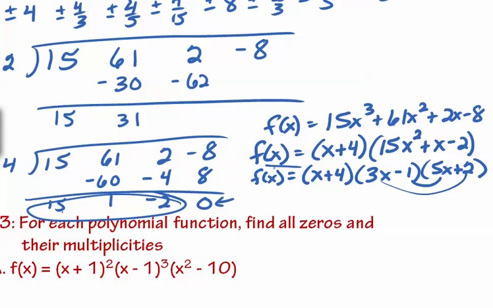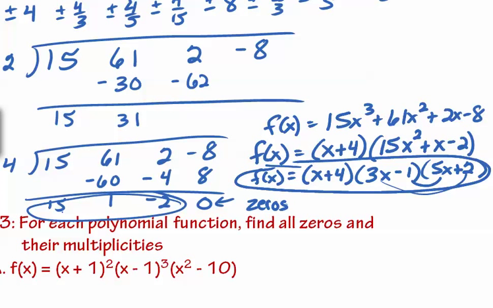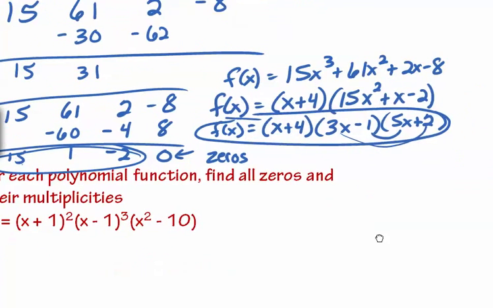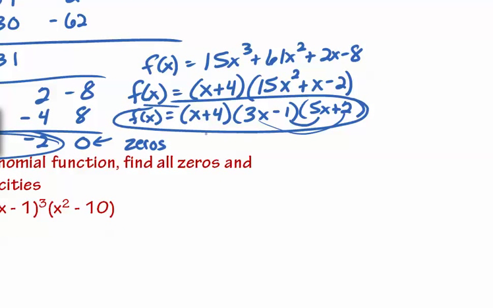I have found all of the factors, and then the zeros come from setting each equal to 0. So I set x + 4 equal to 0, 3x - 1 equal to 0, and 5x + 2 equal to 0. And you don't have to show that step.